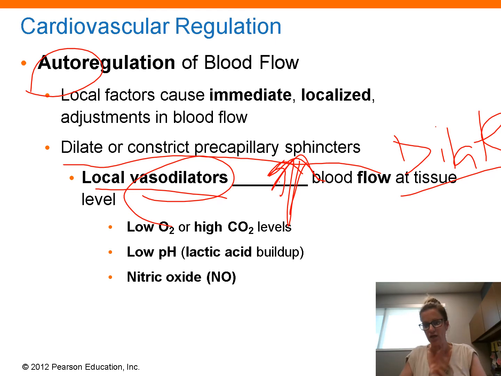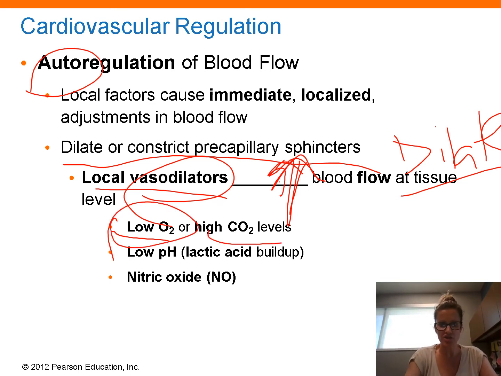So things that act as local vasodilators include low oxygen concentrations or high CO2 levels. Low oxygen means hypoxia. If part of the tissue is hypoxic, that would cause the precapillary sphincter in that area to dilate so that more blood could come to bring more oxygen.